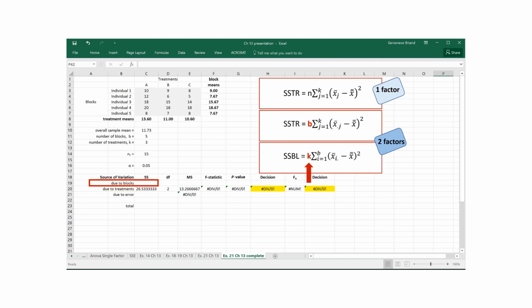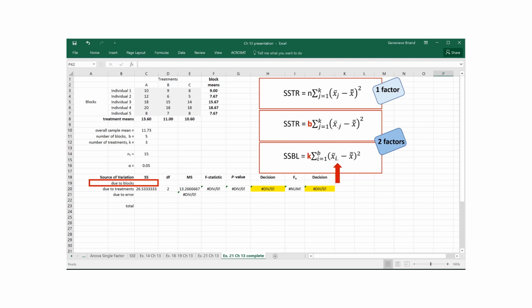To compute the sum of squares due to blocks, we proceed the exact same way. We weight our sum of squared deviations of the block means from the overall mean by the number of treatments K, which corresponds to the number of observations per block.